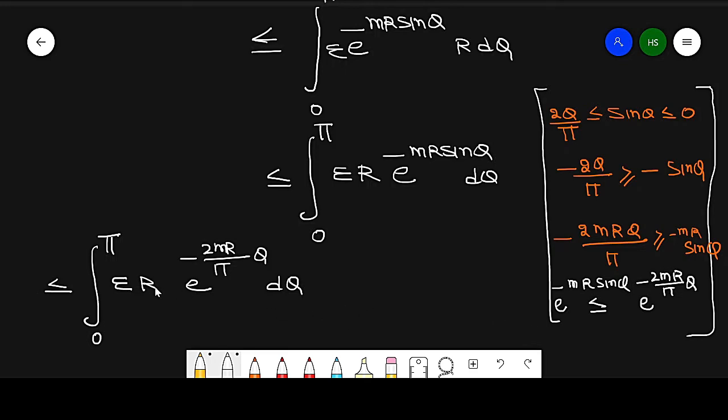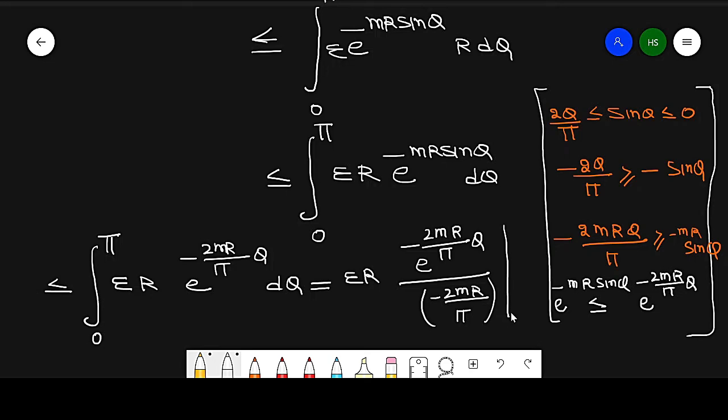Now integrate this, so we get this epsilon r here. The integration of this is e raised to power minus 2mr over pi theta over its derivative, which is minus 2mr over pi, and the limit is from 0 to pi.